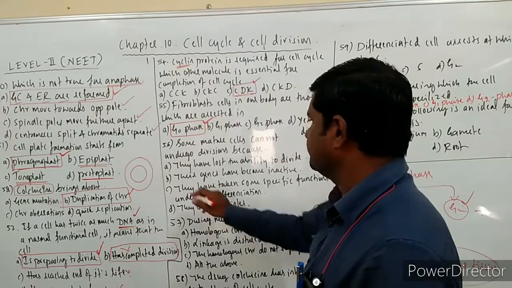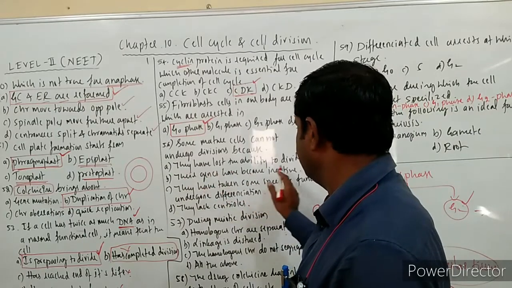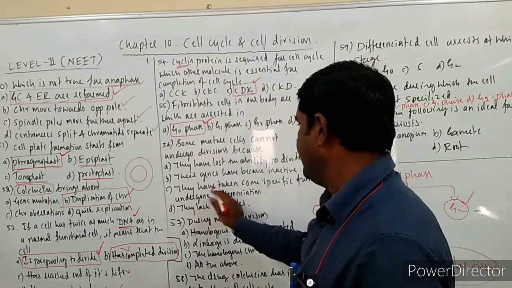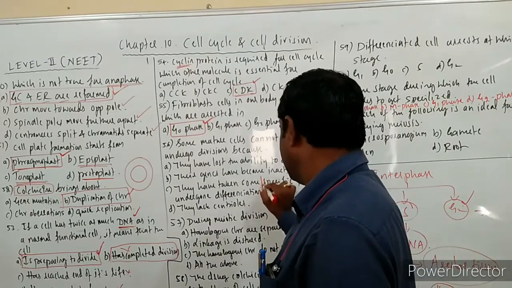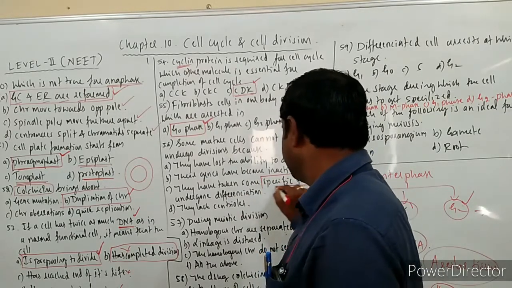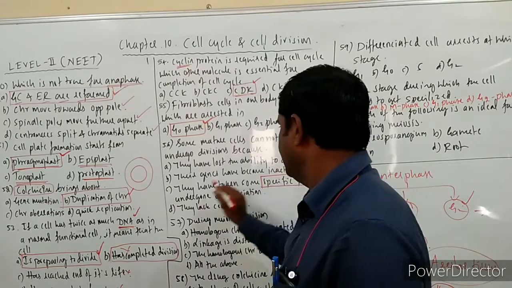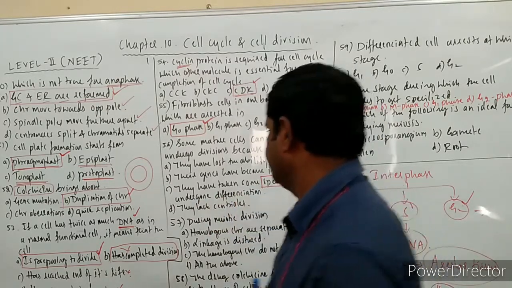divide. One thing, their genes have become inactive. They have taken some specific functions. Of course, they start to do one particular function, right? And undergone differentiation.